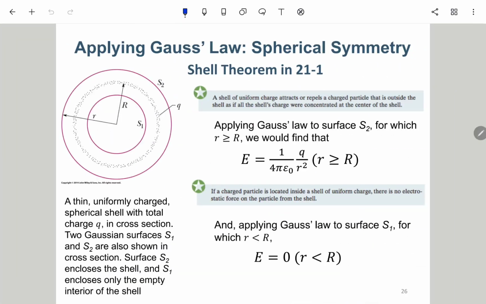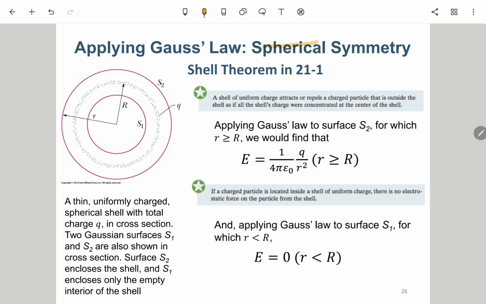Here is the last case, applying Gauss's law for spherical symmetry. Here we try to recall the shell theorem.